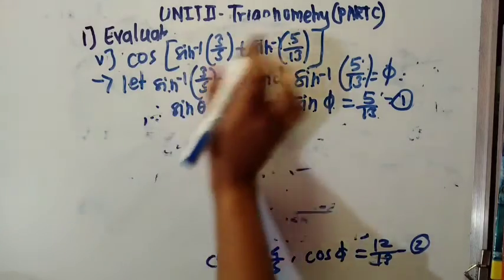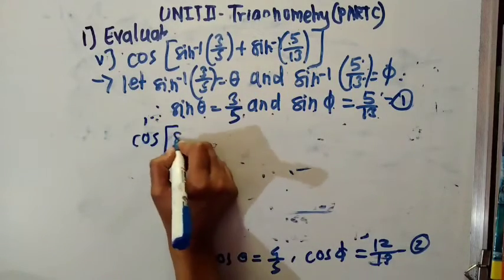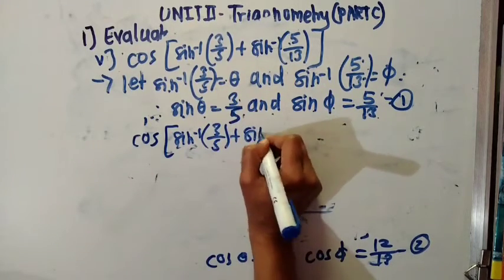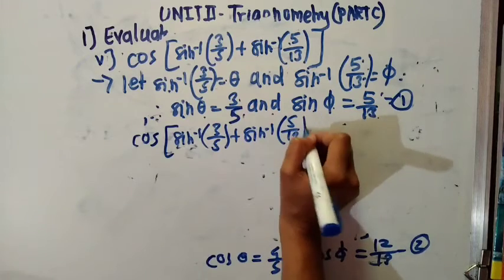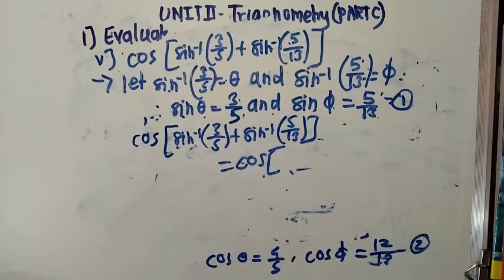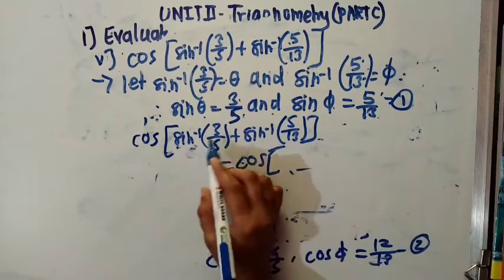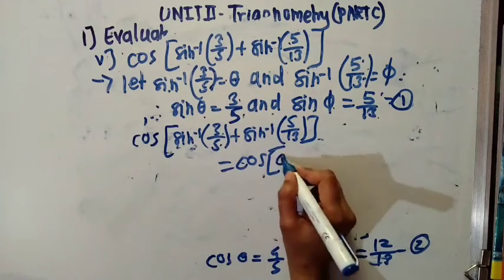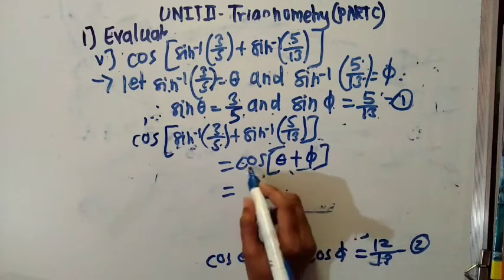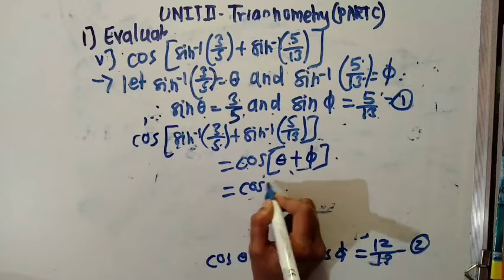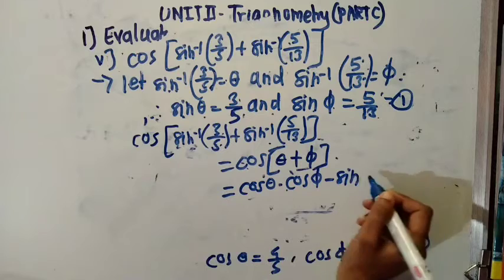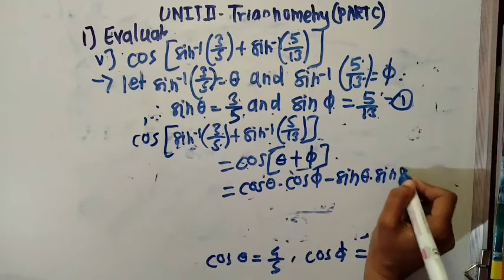Now consider this cos of sin inverse of 3 upon 5 plus sin inverse of 5 upon 13 is equal to cos of, here sin inverse of 3 upon 5 is theta plus sin inverse of this is phi, which is equal to cos of theta plus phi, which is cos theta into cos phi minus sin theta into sin phi.